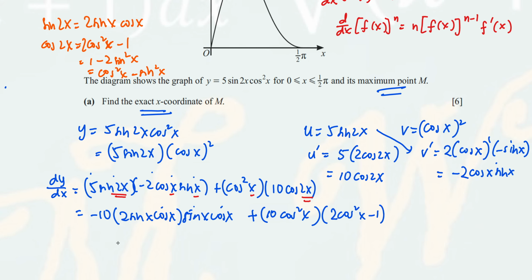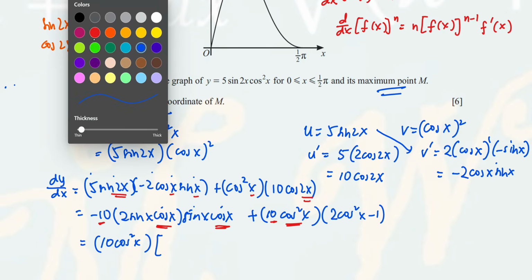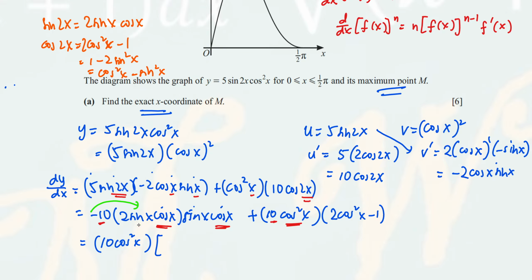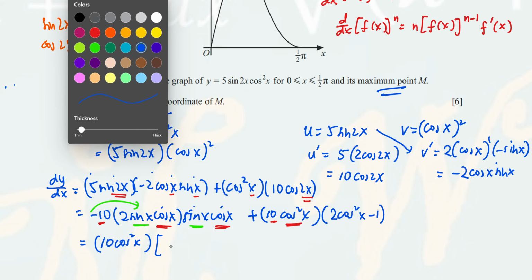I simply choose this one. Okay, let me check. I will factorize the cos squared because here you have cos squared, and at the same time the 10 also will be factorized out. So I will factorize 10 cos square x. Then remaining terms will be minus 2 sine and the sine, so minus 2 sine square x.